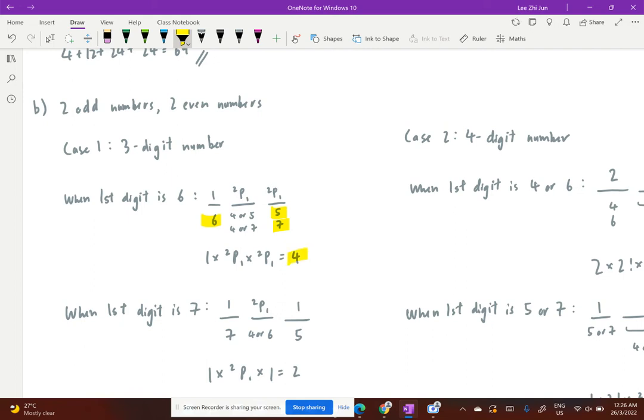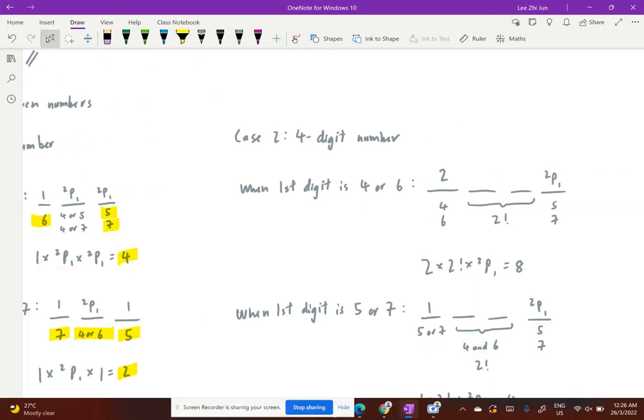Or when the first digit is 7, because 7 is the odd number and 7 has been used, you just have 5 left. So 5 will be the only choice for the last digit. So 1. In the middle, you have 4 or 6 left, so 2P1. So you will get 2. There are 2 cases left.